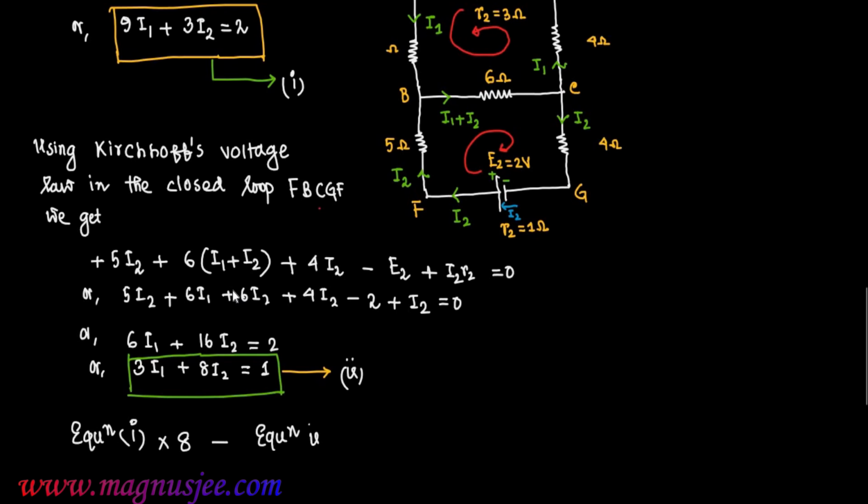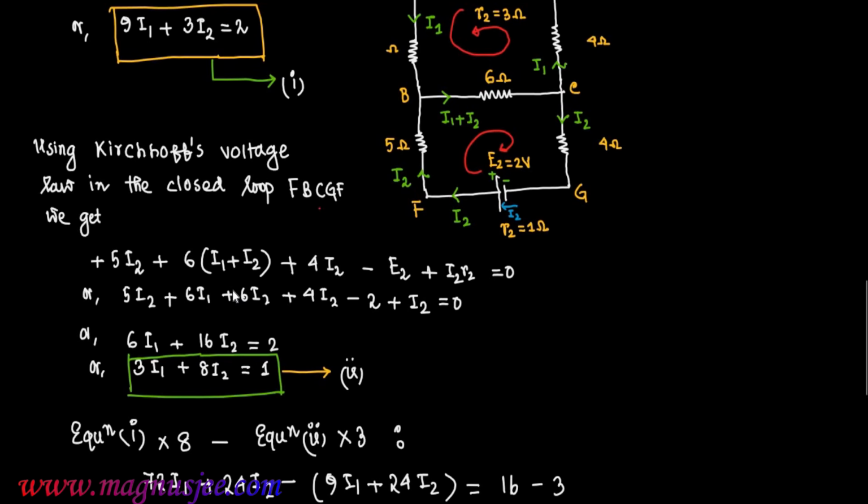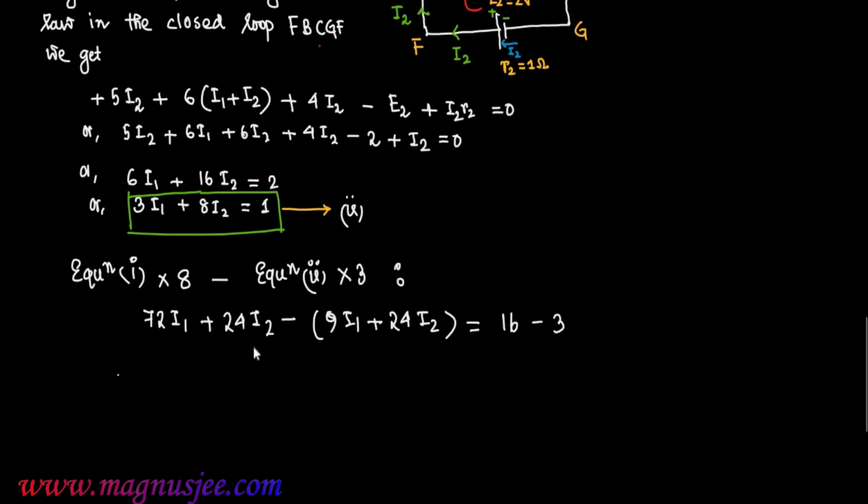Doing equation 1 multiplied by 8 minus equation 2 multiplied by 3, we get 72I1 plus 24I2 minus 9I1 minus 24I2 equals 16 minus 3, or 63I1 equals 13.